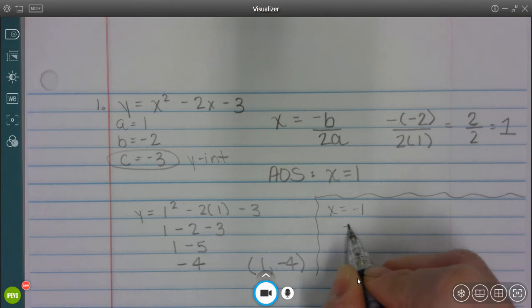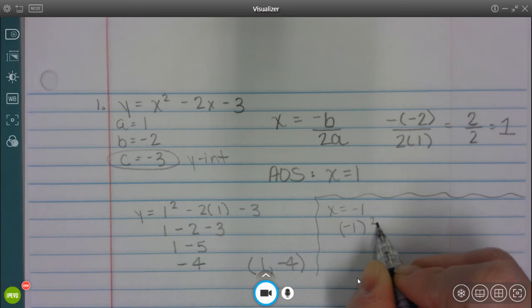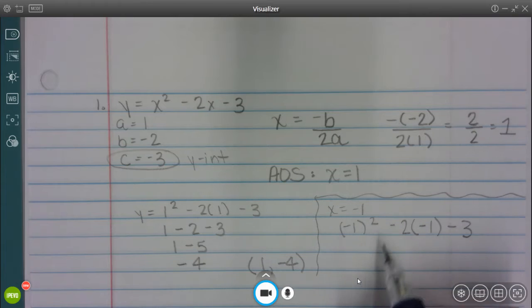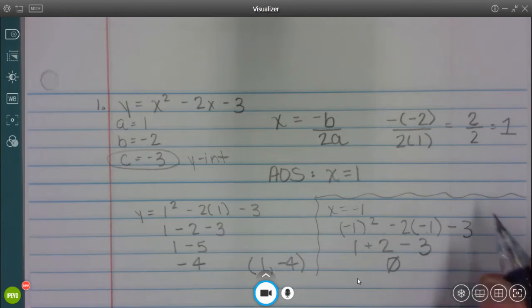So I'll have -1 squared minus 2 times -1 minus 3. -1 times -1 makes +1. -2 times -1 makes +2, and then minus 3. And this will give me a y value of 0, so that coordinate is -1, 0.